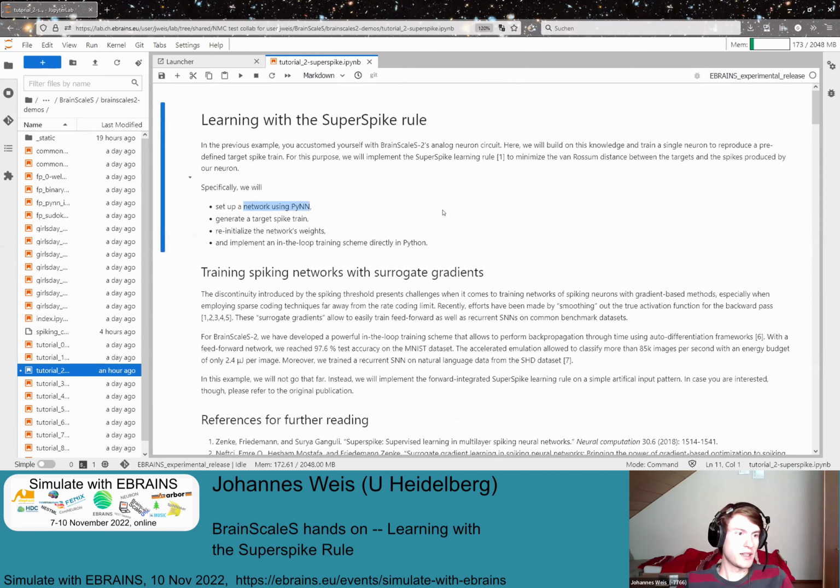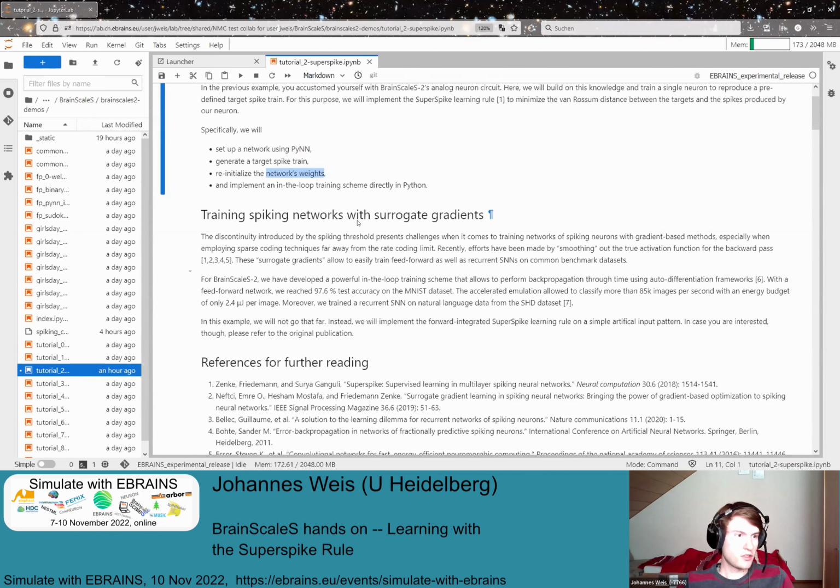We'll then reinitialize the network's weights, so just scramble them, and have it learn to reproduce this target spike train with the same input spikes. So it has to learn to reproduce some weights.